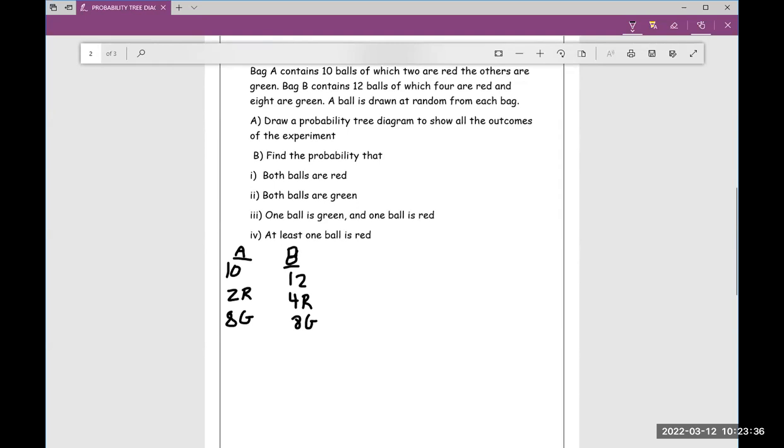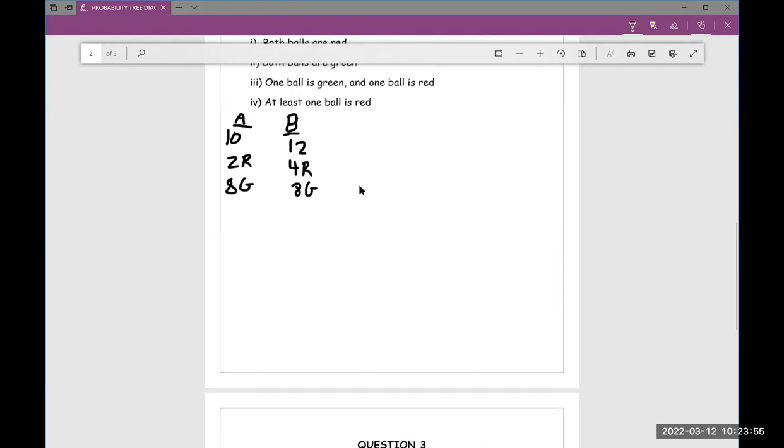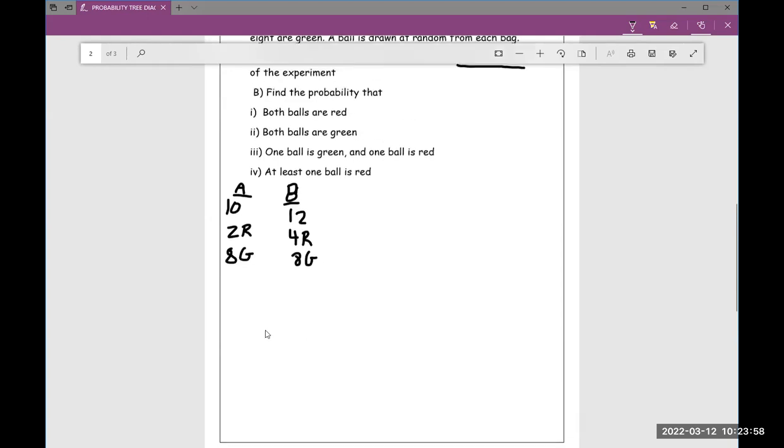All right, so good. So notice, read what it said. All the outcomes on one tree diagram. It says a ball is drawn at random from each bag. So you can start with whichever bag you want, but you need to show the tree diagram for both bags together on one.